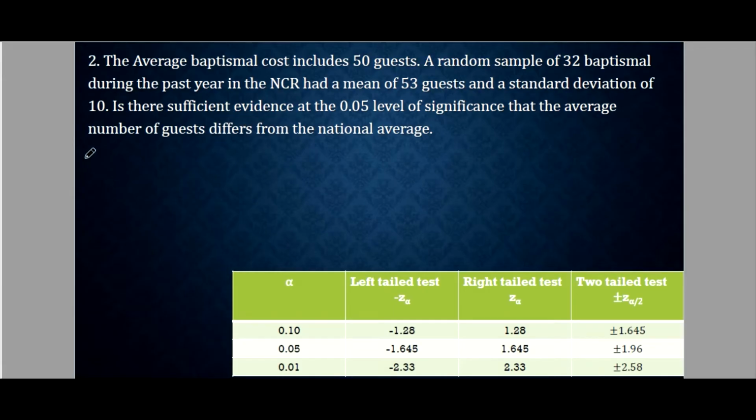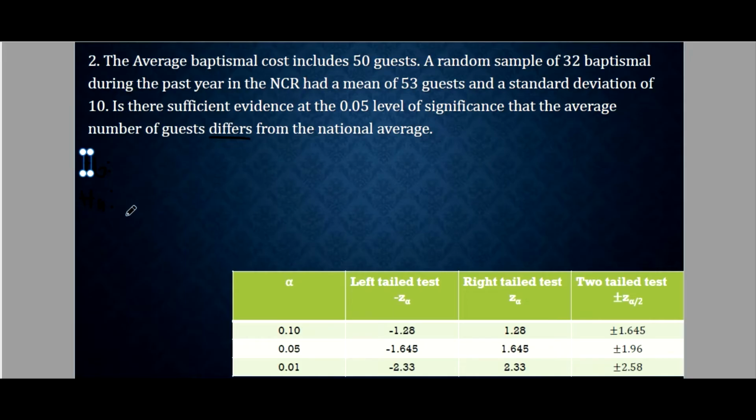So let's start first with our null hypothesis and our alternative hypothesis. So what will be our claim in this particular problem? Take note of the word differs. We may say that the average number of guests differs from the national average. That falls on the alternative hypothesis, because differs from means there is a difference, right?